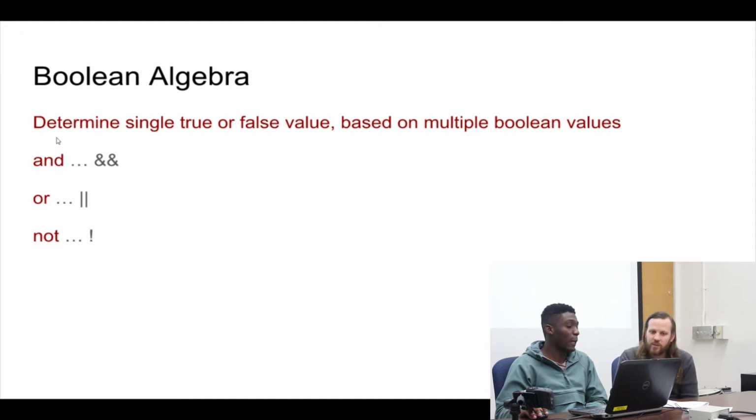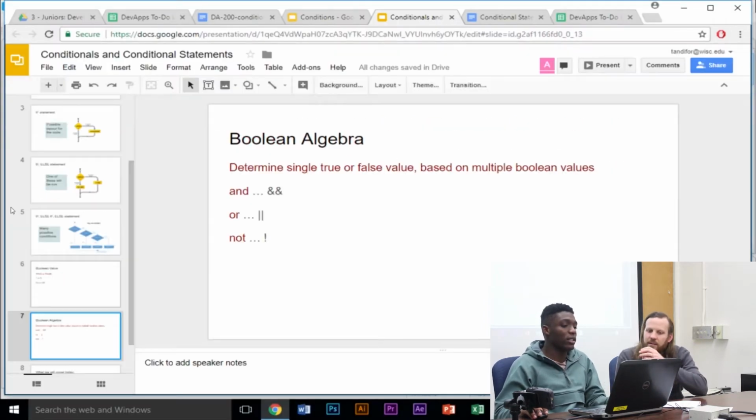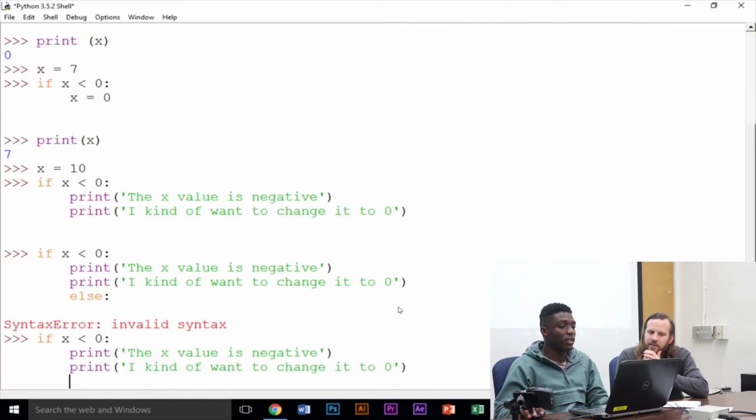That's how and works. Both have to be true. The way or works, only one of them has to be true, and not just means the opposite of whatever it is. That just takes a single value and reverses it. So if you have not for a value and it was true, now it's false. If it was false, now it's true. Exactly, and we can illustrate this in IDLE.